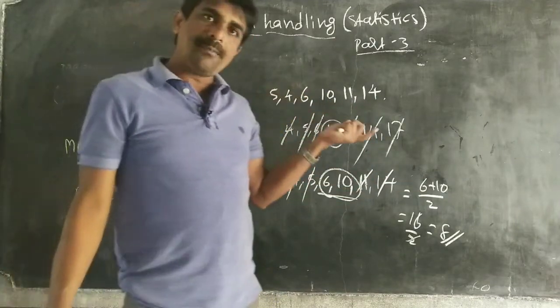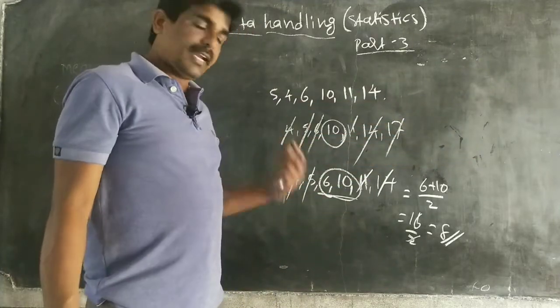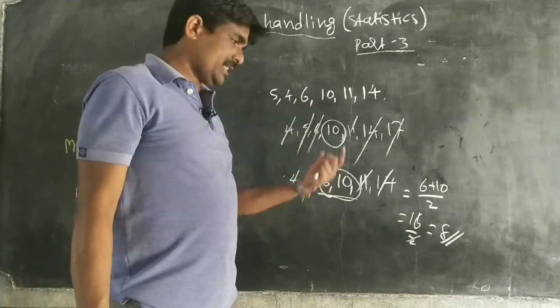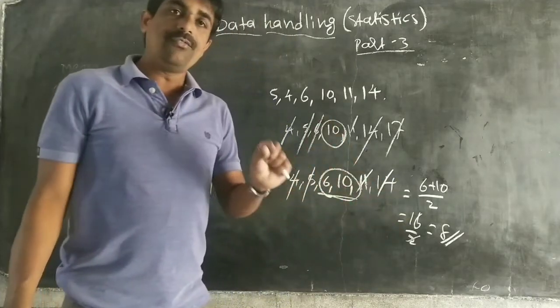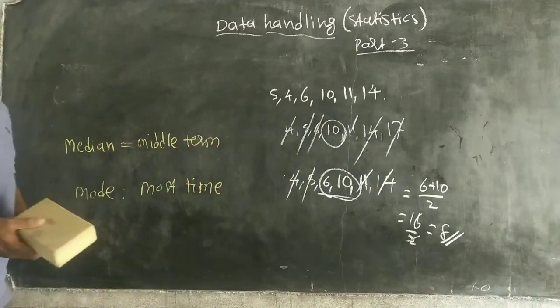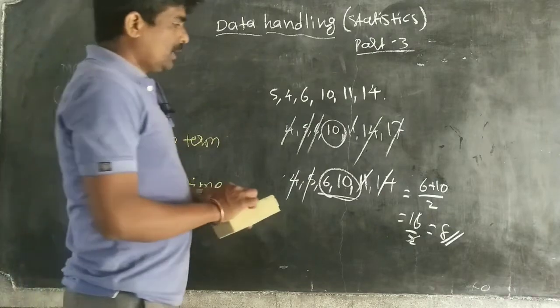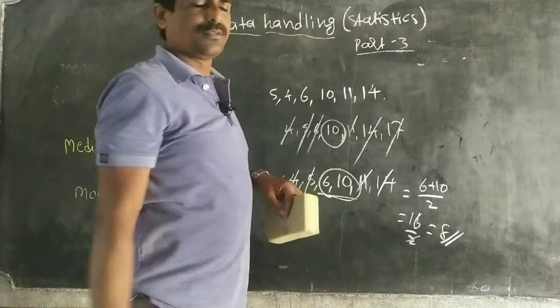So whenever the given numbers are odd or even: if odd, directly we get the middle term as the median. If you get even numbers, then find the average of the middle two terms. This is median. The median does not depend upon the total terms.